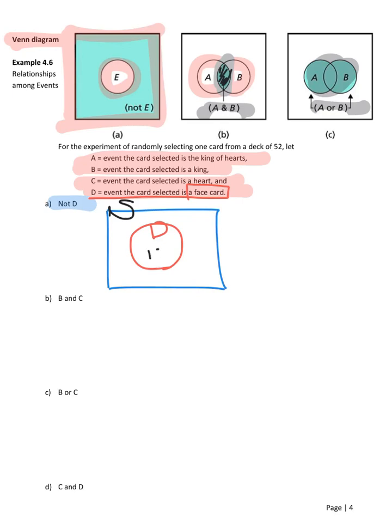So in the circle there is a 12, but in the rectangle there are 52. Then how many cards are outside the circle, outside D? 40. Does it make sense? Can you understand what I'm saying? In the circle, 12 face cards. Outside the circle, not face cards, it's 40: ace to 10, 4 shapes, 40. So finally in the rectangle there is a 52.